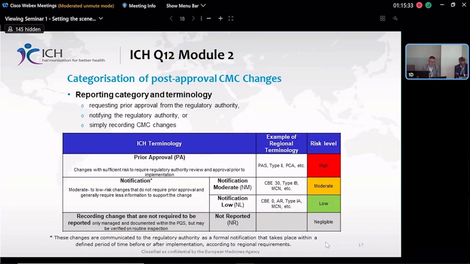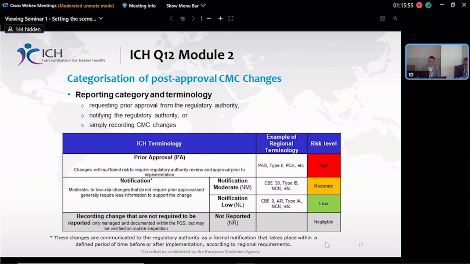In the EU, we have two types of type 1A, a minor notification which needs to be communicated within 12 months of implementation, which is similar to the FDA's annual report, and a type 1A immediate notification, which needs to be notified to the regulator within 14 days.